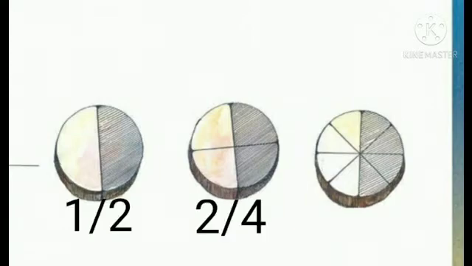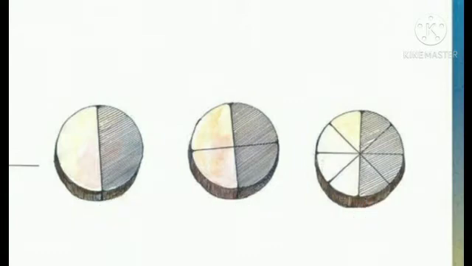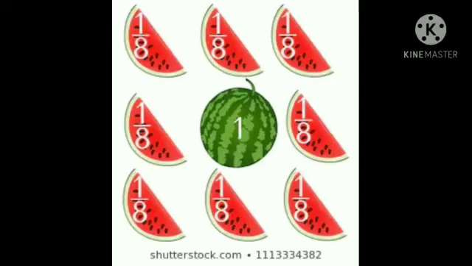So the fraction we can write as 1 by 2, 2 by 4, 4 by 8, etc. These types of fractions are called equivalent fractions. That means fractions which indicate the same value are said to be equivalent fractions.